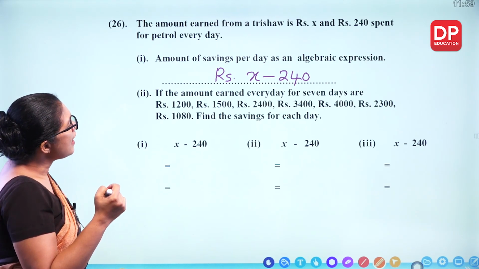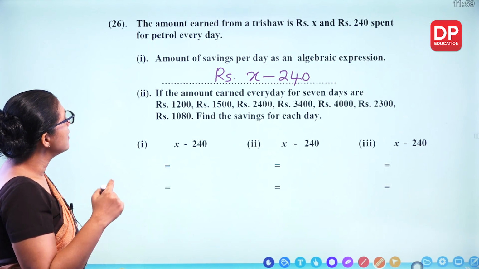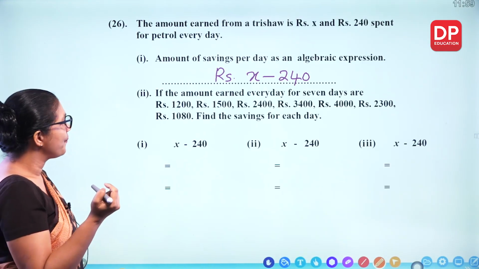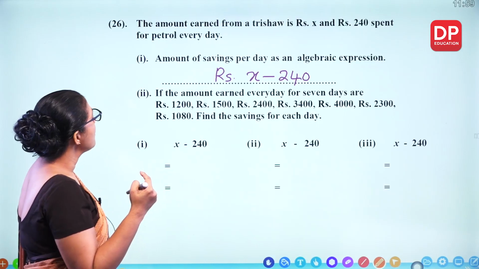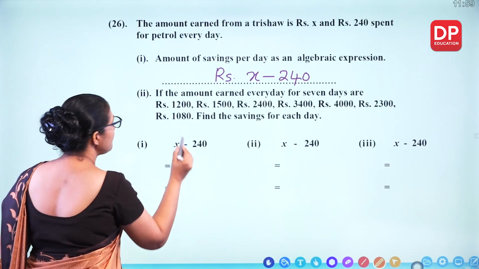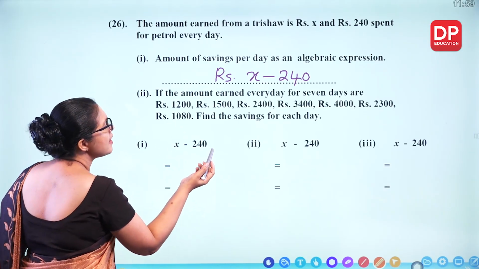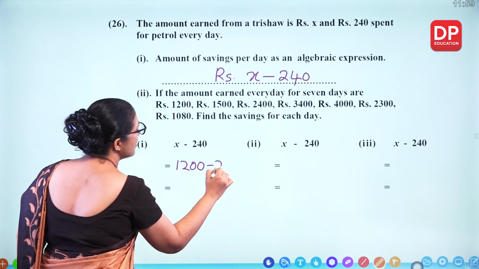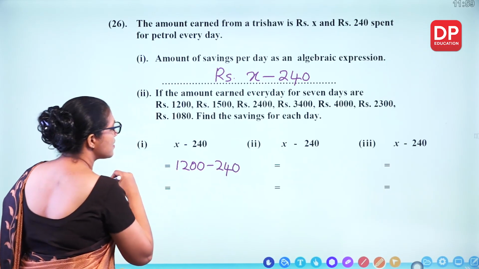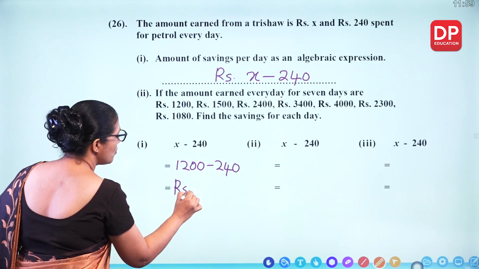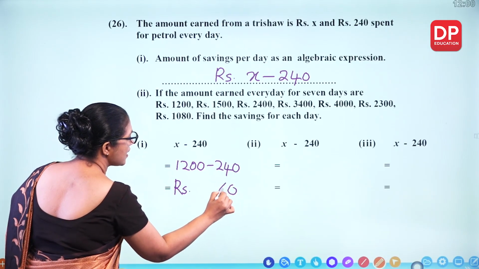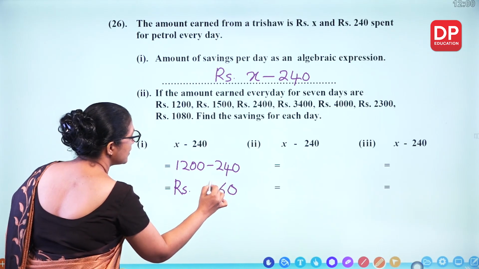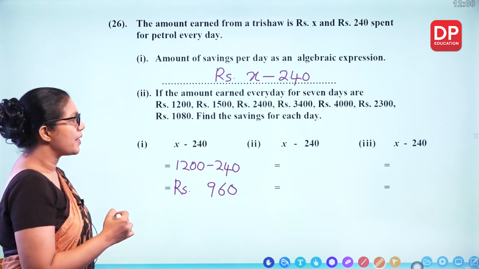If the amount earned every day for 7 days is given, find the savings for each day. We'll take the first one, 1200. Substitute X equals 1200. Subtract, so you get 960 rupees.